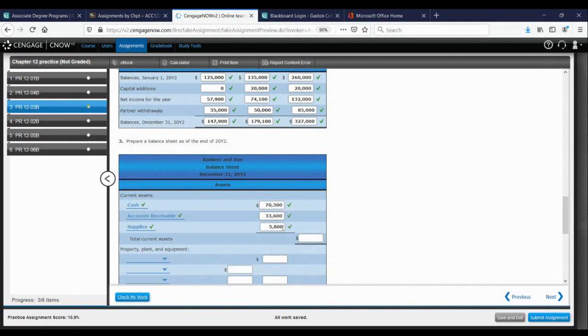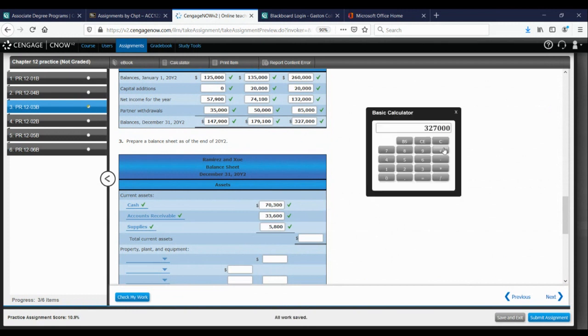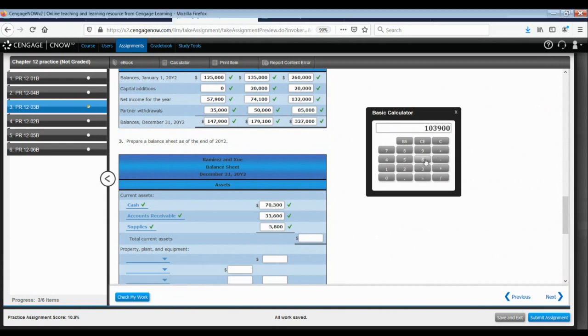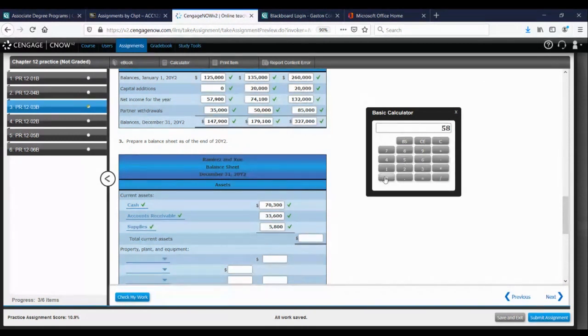I'll check just to make sure I've written in the correct amounts here. And then we're going to total our current assets. The total of our assets is $109,700.